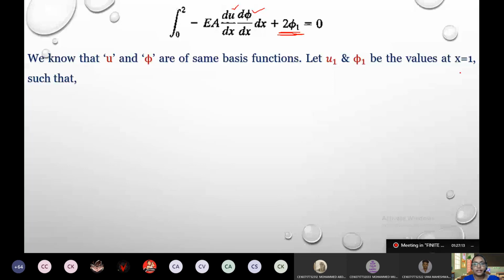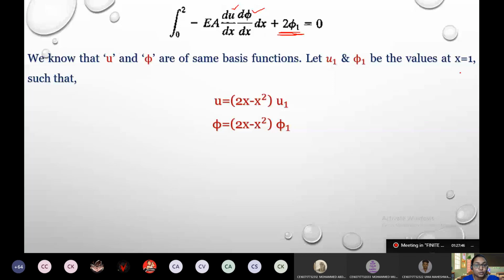So let u1 and phi 1 be the values of the differential equation at x is equal to 1, such that I am forming this as the equation for u, and phi is equal to 2x minus x square into phi 1. If you clearly check, if I substitute x is equal to 0, the equation I'm going to get is u is equal to 0. In phi also, if I substitute, it is going to be 0. The next boundary condition, x is equal to 2.